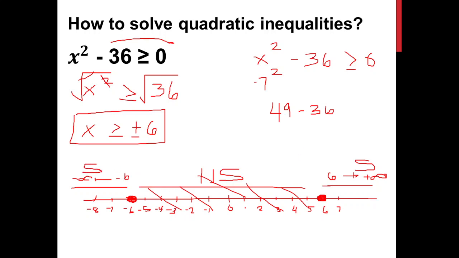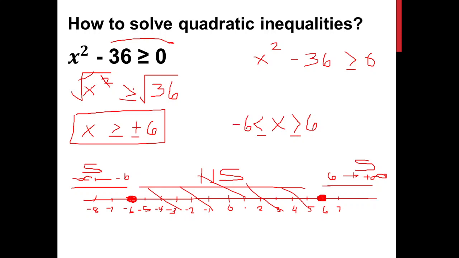Therefore, we can write our final solutions as, again, base your final statement on the result on the number line. Okay, so the values of x greater than or equal to 6 are solutions based on this one, and values of x less than or equal to negative 6.